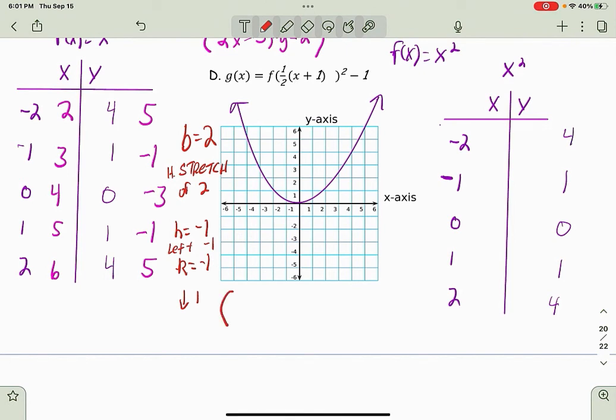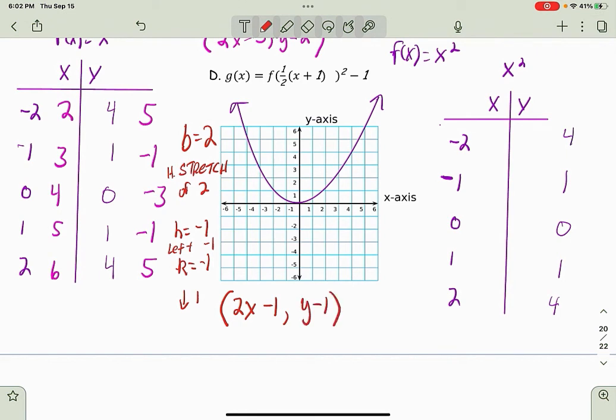So first thing we're going to do is 2x minus 1, followed by our y, which is going to be y minus 1.